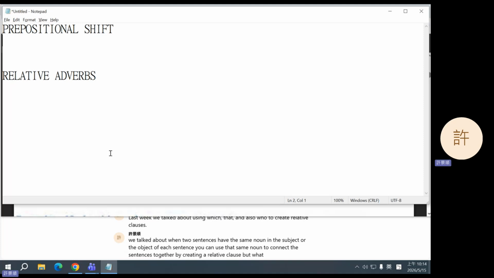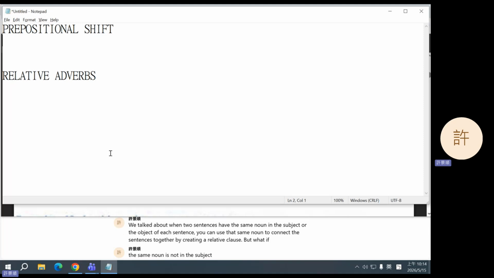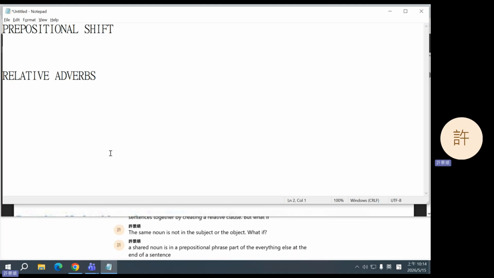But what if the same noun is not in the subject or the object? What if the shared noun is in a prepositional phrase, part of the everything else at the end of a sentence? So let's take a look at this sentence.